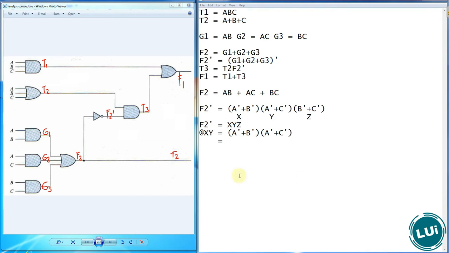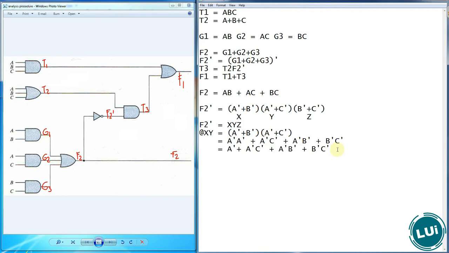So we will have this expression, and based on Boolean identity, x and x is simply x. So for these variables, A prime and A prime is simply A prime. Then our final expression is A prime or A prime C prime, A prime B prime, or B prime C prime.